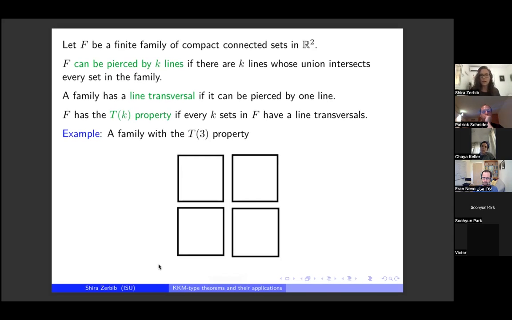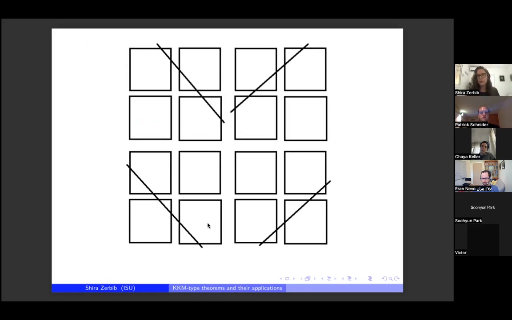So here is an example of a family with the T3 property. I think about these 4 squares as convex squares, so they are filled in. And I claim that they have the T3 property because every time I pick 3 squares among these 4, I can find a line that pierces them.